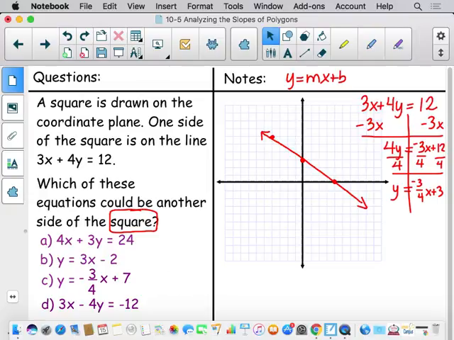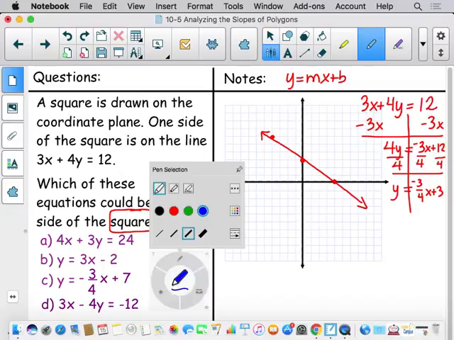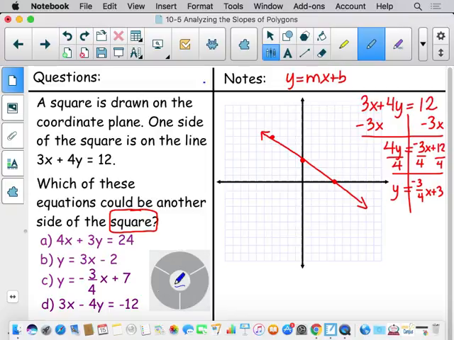All right, now I need to look at my answer choices to see which of the other equations could be another side of the square. Remember, to be a square, you have to have 4 right angles and 4 congruent sides. So if I look at B, for example, I'm going to check this one first. y equals 3x minus 2. So negative 2, and then go up 3 over 1, up 3 over 1.